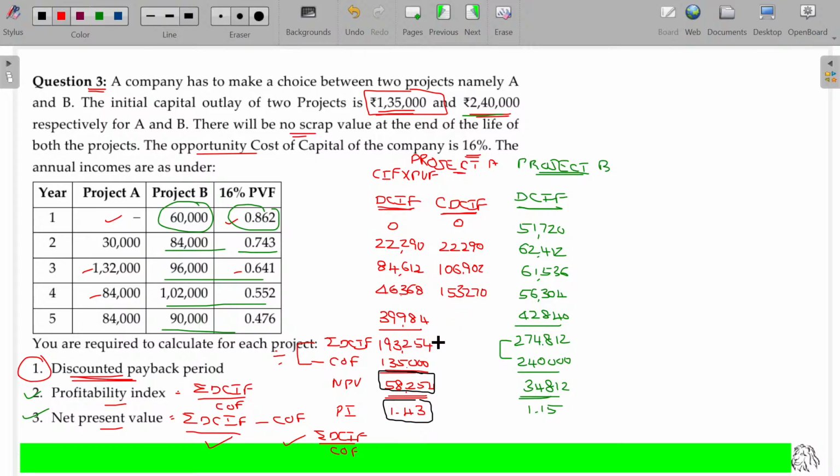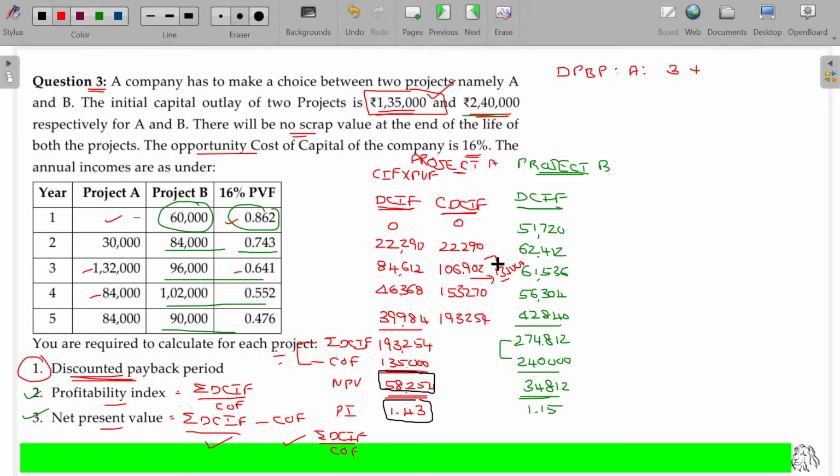Up to 5 years I have received 1,93,254 rupees. Here my investment is 1,35,000, and I get that 1,35,000 between these years, that is, between 3 and 4 years I am getting the money back. So I have to find the discounted payback period for project A. By the end of year 3 I have a shortage, so I add to the lesser year, 3.